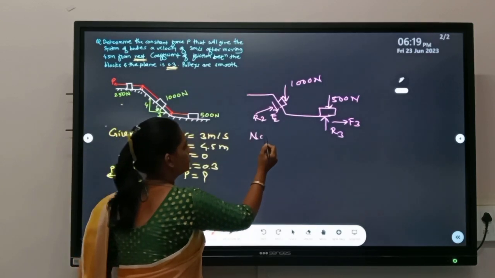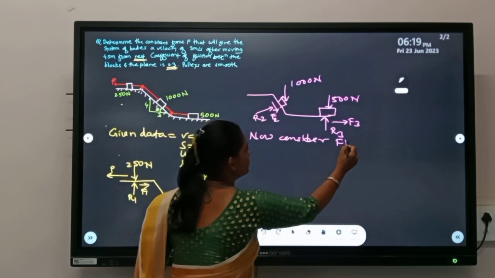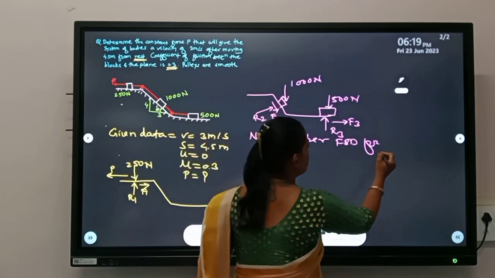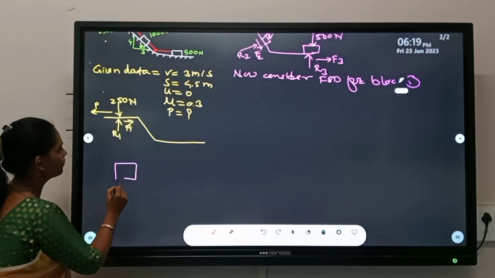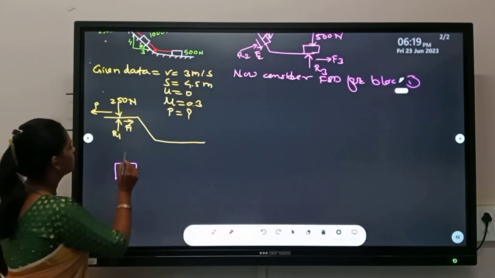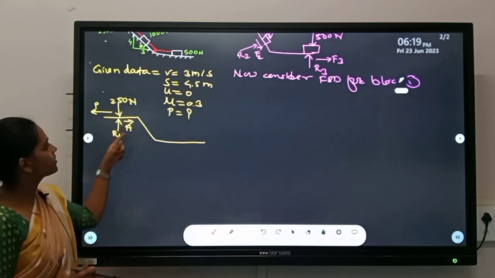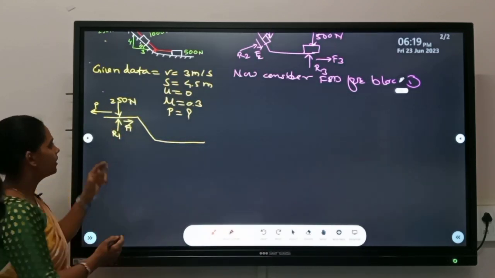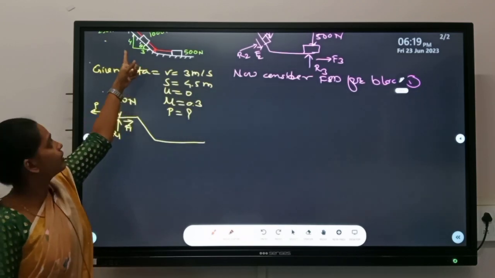Okay, now we'll consider the FBD for the first body. So this is block first. Just apply equilibrium conditions here. Before that we have to calculate theta, since instead of giving theta they have given the slope.